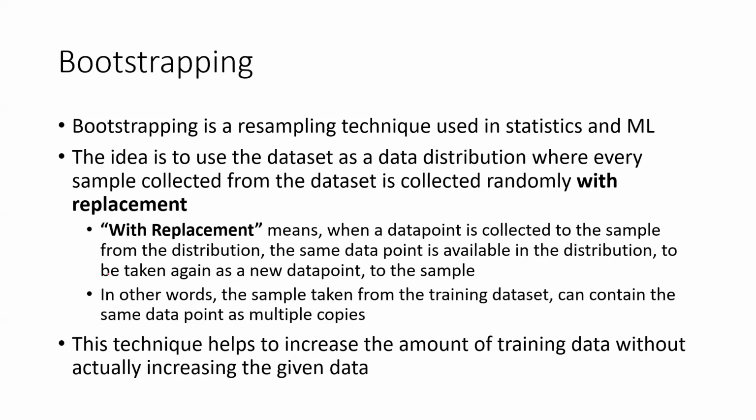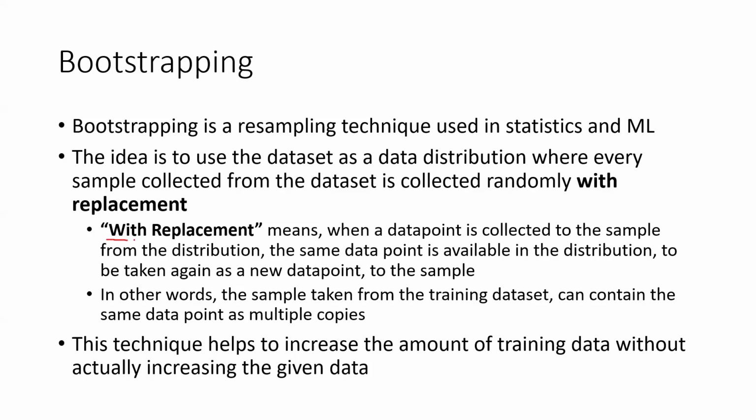So instead of using the same data set, you can create multiple data sets by using the technique known as bootstrapping, where you get the original training data set and make other data sets by sampling with replacement.